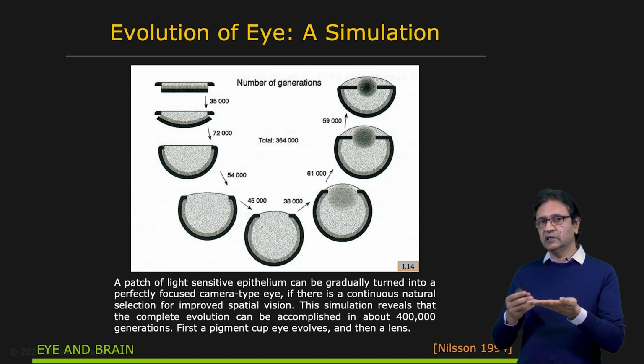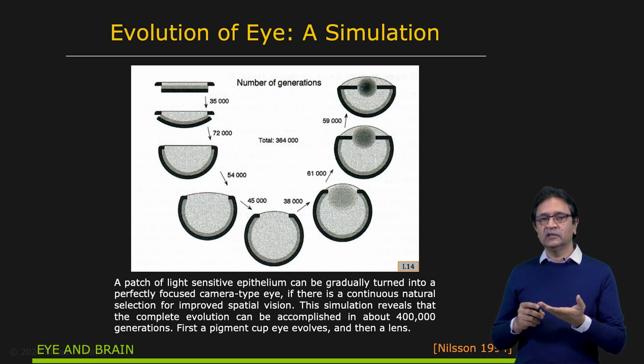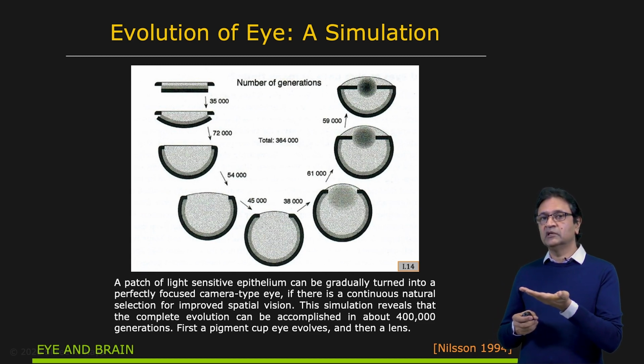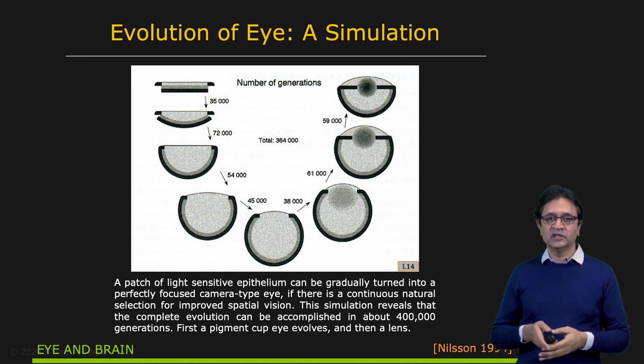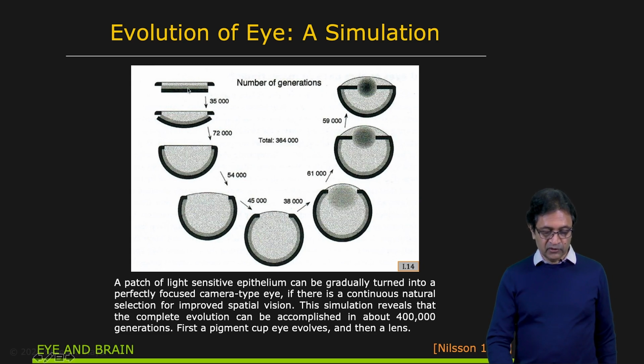And the idea is to then apply certain, we'll call them forces, and the forces here would be to try and make the image formed on the eye brighter and sharper, and see how the simulation would change the shape of this tissue layer, and see where that goes and how that ends up evolving a complete eye. So from here, you see that the first thing that happens in the simulation is that the tissue begins to curve, so that you get some directional sensitivity to light.